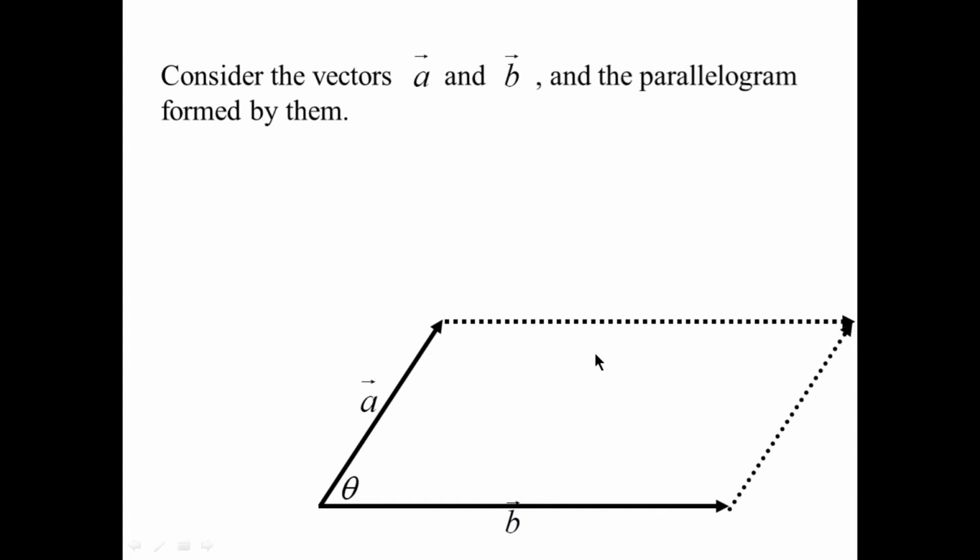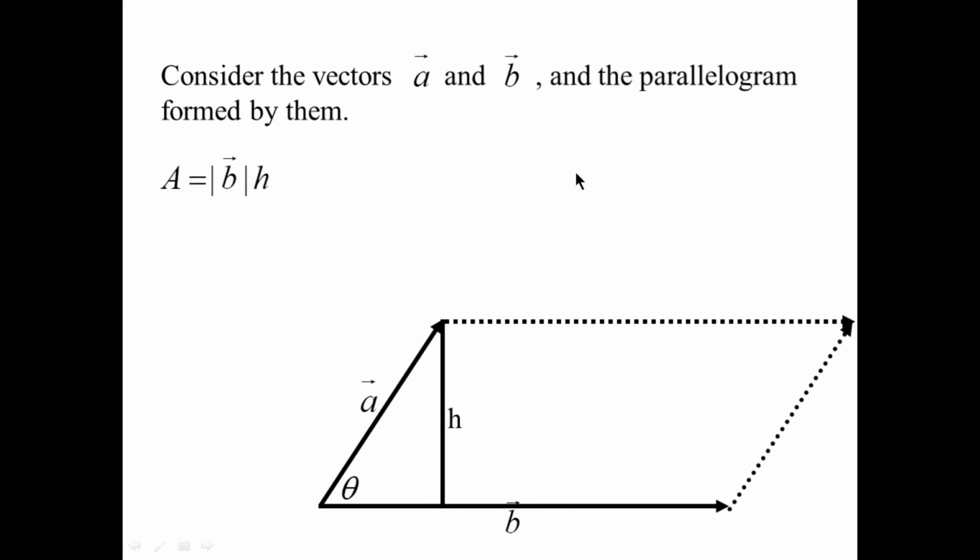Consider the vectors A and B and the parallelogram formed by them. So here's A, here's B, with an angle between them. Notice they're arranged tail to tail. The angle between them is theta, and they form a parallelogram. The area of that parallelogram is base times height, kind of like a rectangle.